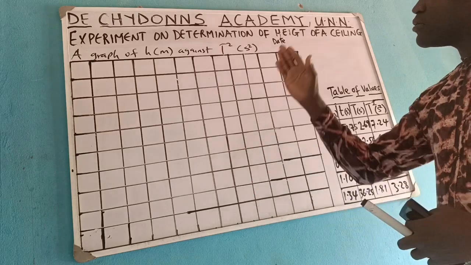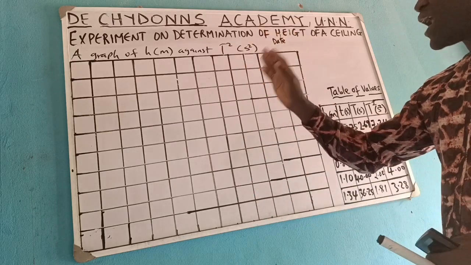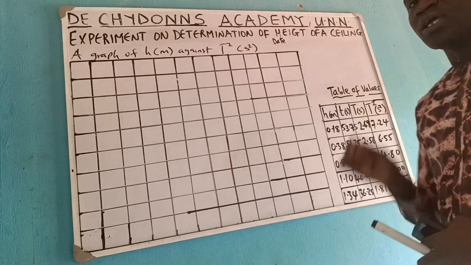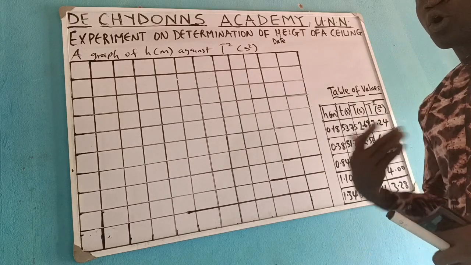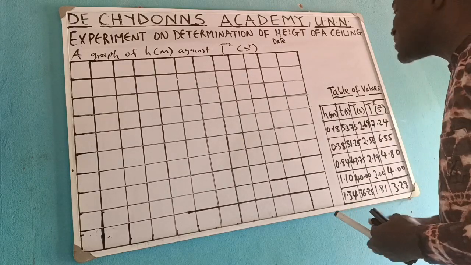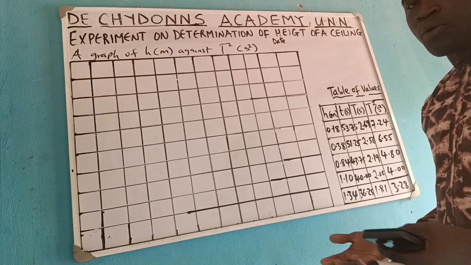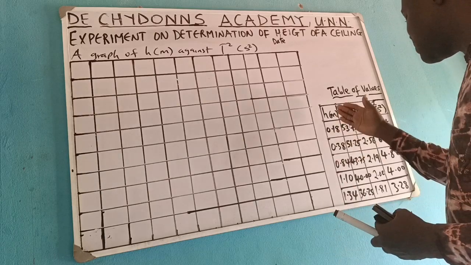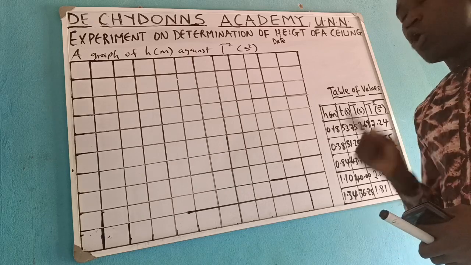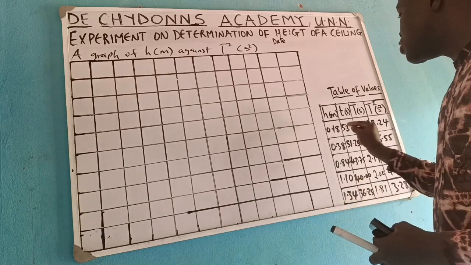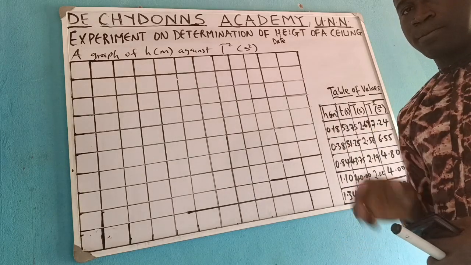And in the instruction, plot a graph of h against t square. They did not specify starting from the origin. If they specify starting from the origin, then you obey that. But if they do not specify starting from the origin, all you need to do is choose where you are to start from.